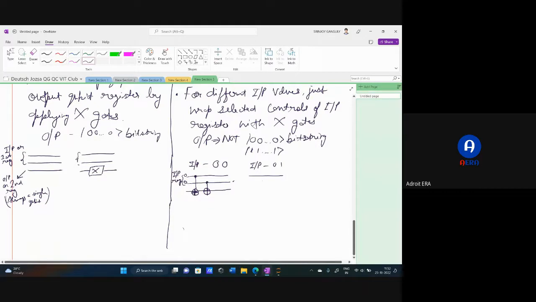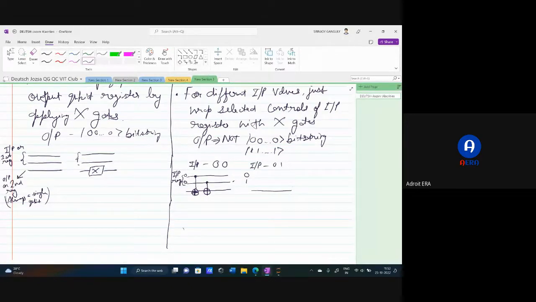Okay, so let me draw, I have to draw it in a different way now. So 0 1, and then you have the third one, and here you have basically the second register.